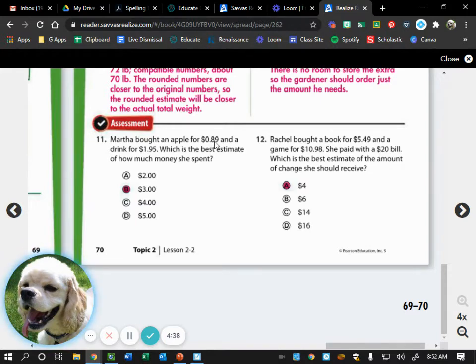We look next door, there's an 8. So the 0 would become 1, everything else would become 0, so $1. And then the drink, the 1 is the highest place value. We look next door, there's a 9. So our 1 becomes a 2, everything else becomes zeros. So $2 plus $1, that is about $3. So B.